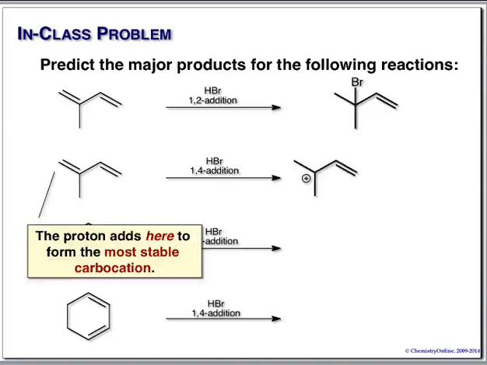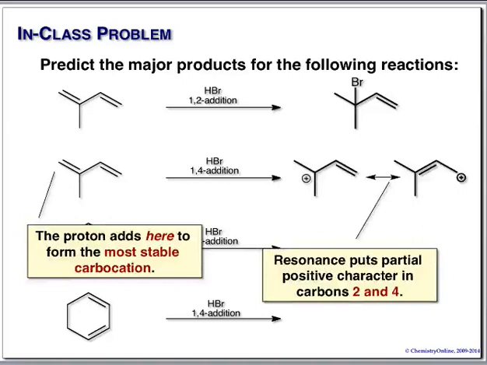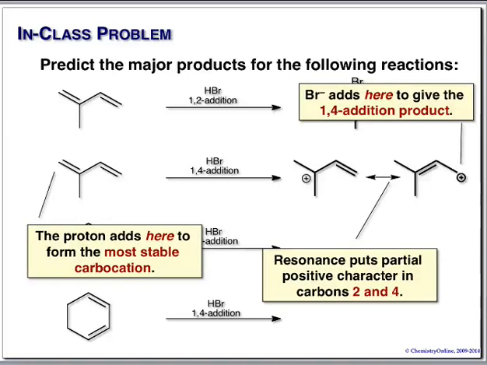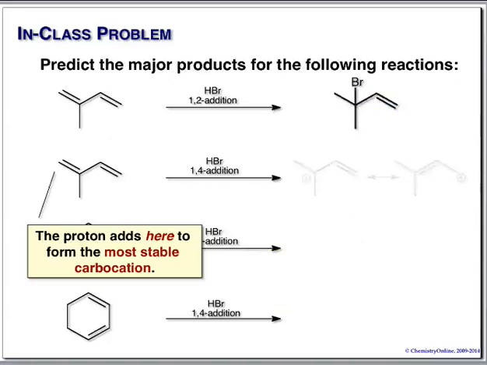Well, they both are, but if we want to draw our resonance forms, we could move this double bond in, placing a positive charge out here. If bromine adds to carbon 2, we get this guy. If bromine adds to carbon 4, we get the 1,4 addition product. So the 1,4 product would simply look like this.